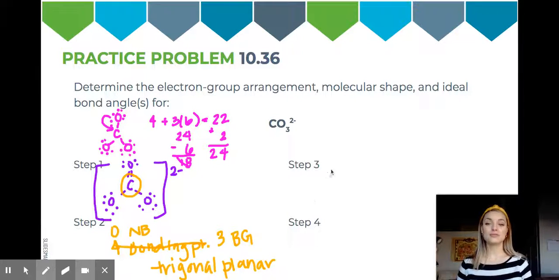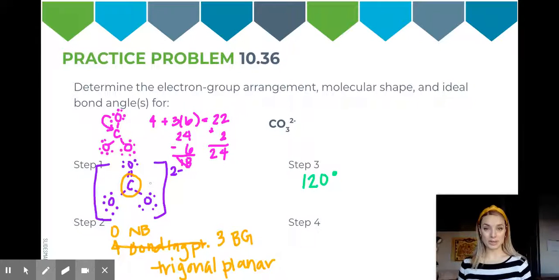When we have trigonal planar electron group arrangements, because all 3 of those surrounding atoms are in the same plane as the central atom, the ideal bond angle is going to be 120 degrees. However, we do need to consider the fact that we have a double bond. When we have a double bond, is that going to increase, decrease, or not affect the bond angle experienced by the other 2 surrounding atoms?